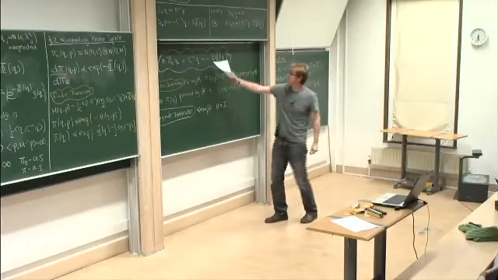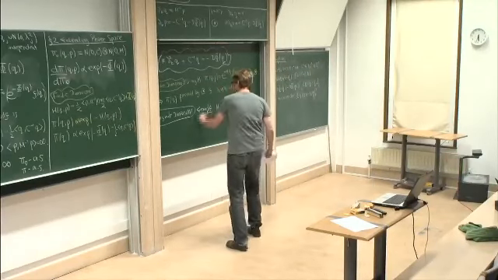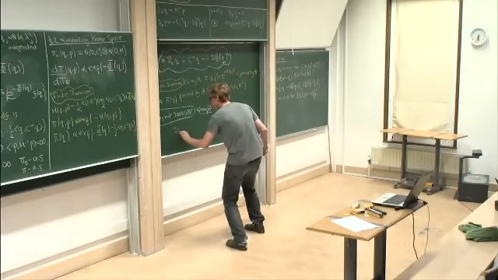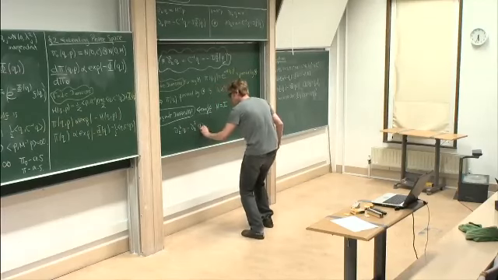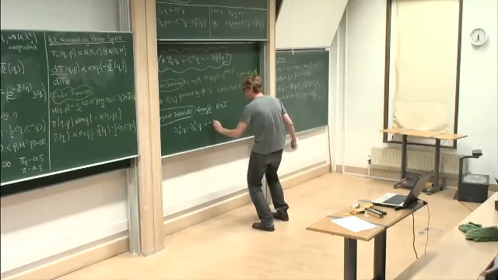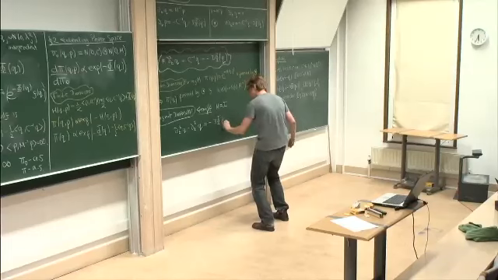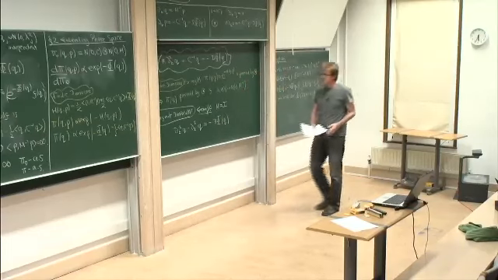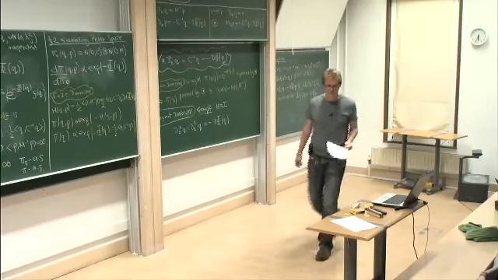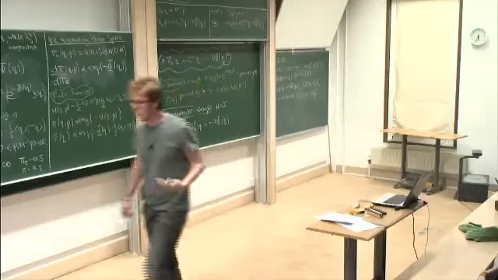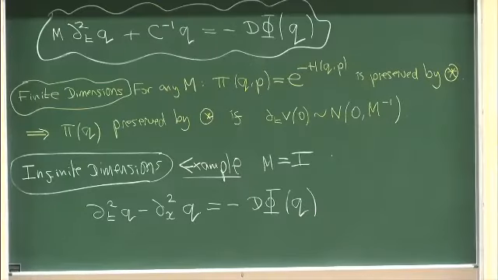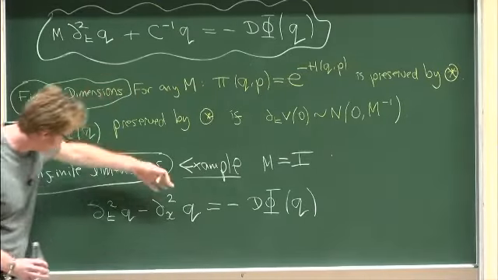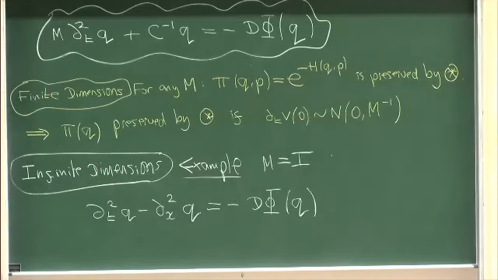If you do that, this equation becomes d2q minus d2x q is minus d phi of q. So this is a nonlinear wave equation of maybe Klein-Gordon type, Sine-Gordon type, whatever, depending on how you choose your potential phi, but it's a semi-linear wave equation.